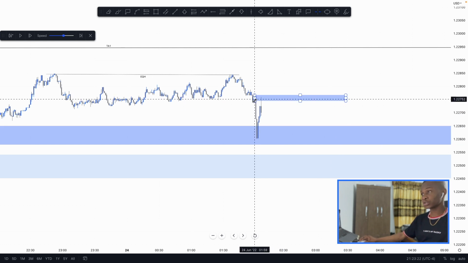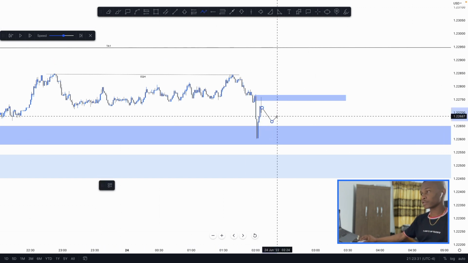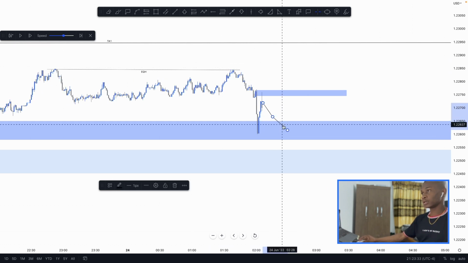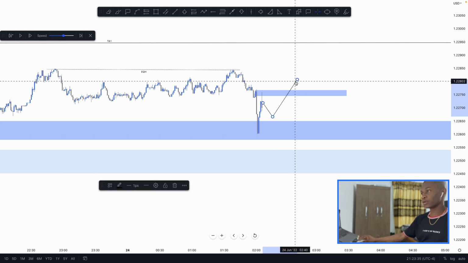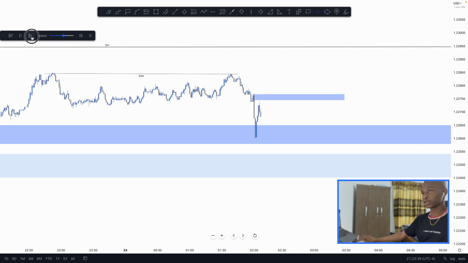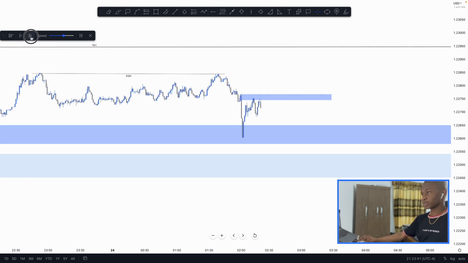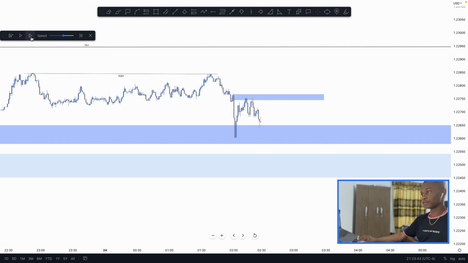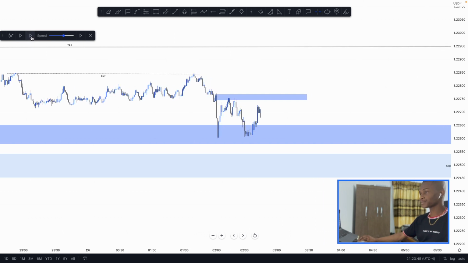So all I'm waiting on is for price to break above this area right here. All I want price to do is scribble a bit and then break above here so I can start looking for buying opportunities. So we were here, waiting on price to break above this area.